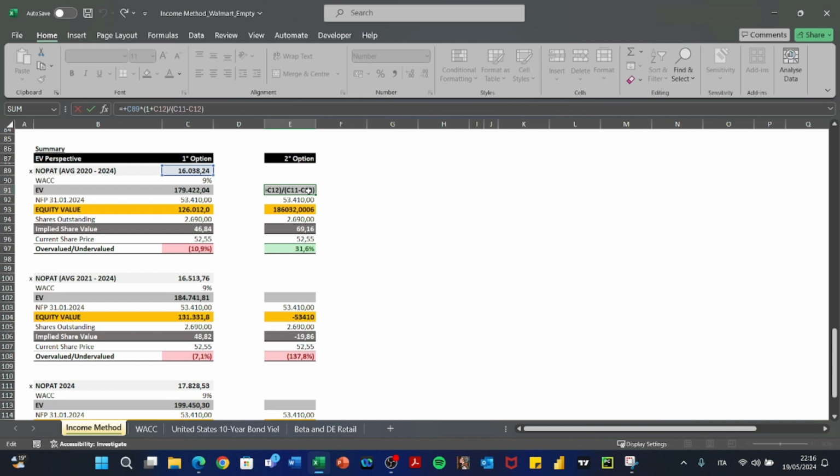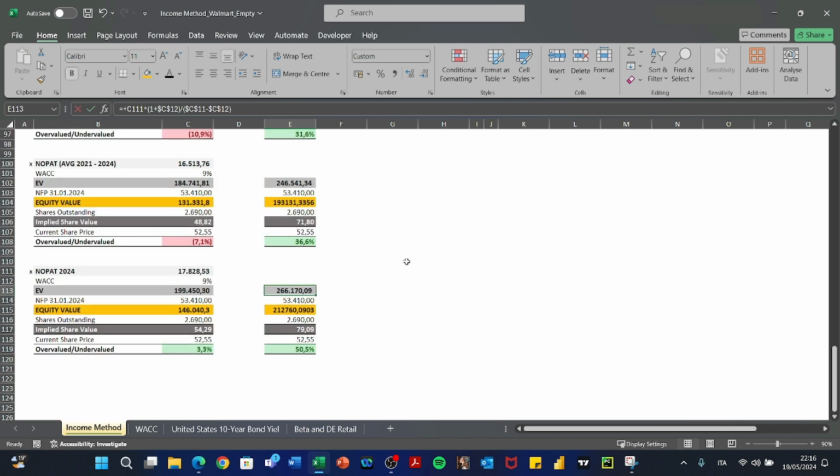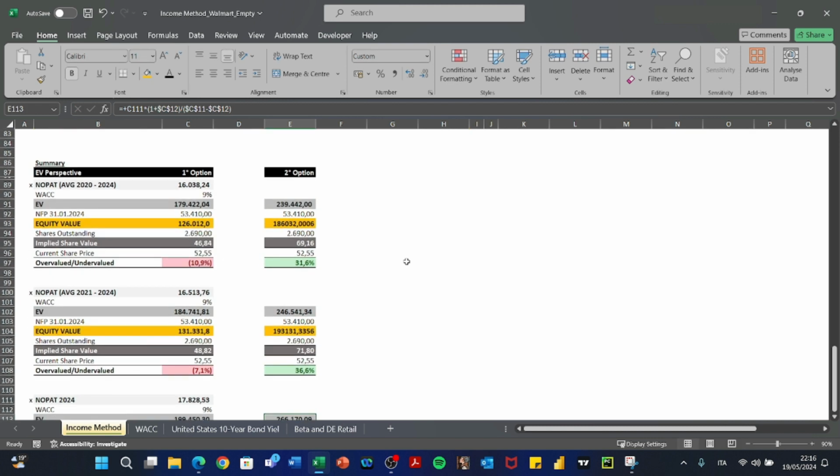let me code all of this. The implied share price from our income valuation is a bit overpriced compared to the market share price at the valuation date.